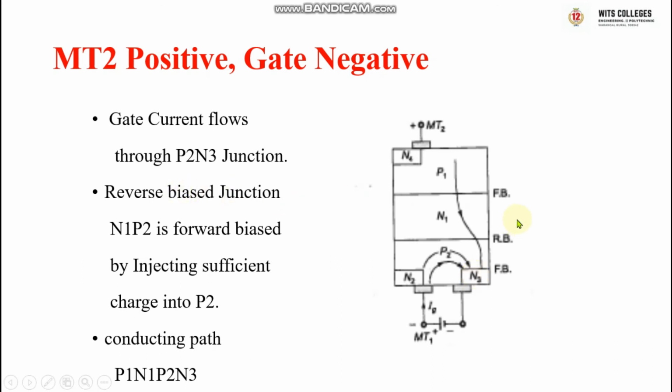In this case N1 P2 is reverse biased, and by injecting sufficient charge into P2, the conducting path is P1 N1 P2 N3. So gate current injects charges here and the conducting path changes from this to this one. When MT2 is positive and gate current is negative, the conducting path is P1 N1 P2 N3.